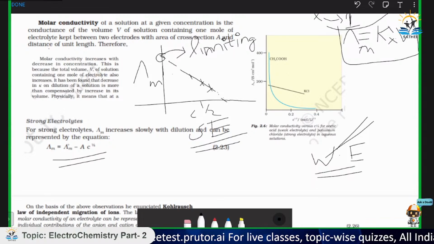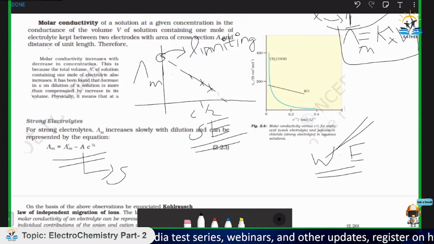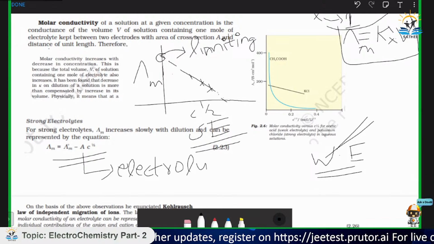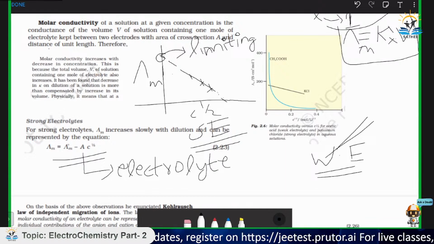This is the equation, the Debye-Huckel-Onsager equation. Essentially, molar conductivity is limiting molar conductivity minus A into C to the power 1 by 2. A is electrolyte dependent, dependent on the pair of the electrolyte and solvent and the ions.